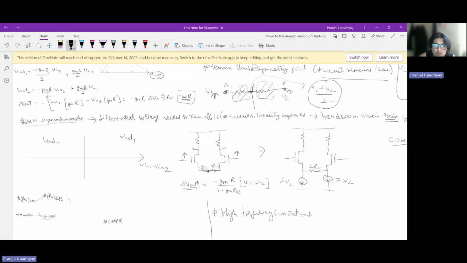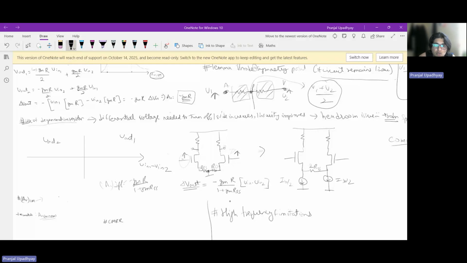What I've done is I've grounded this node, taken the output here because of this one, taken the output here because of this one, and just taken the difference. If I bring this over here, my differential gain, AV diff, meaning gain to a differential signal, happens to be minus gm R1 plus gm Rss, right?